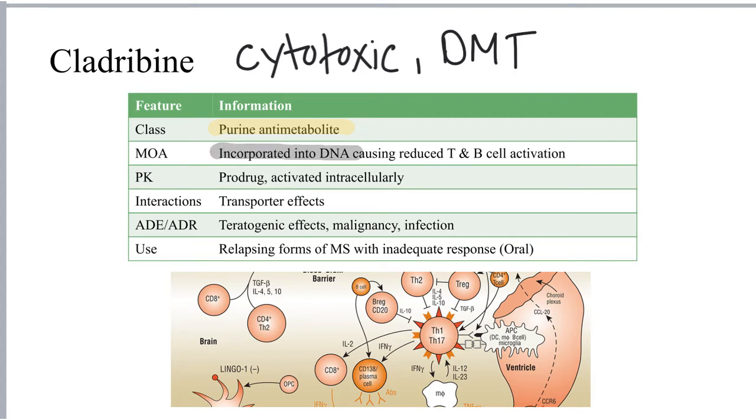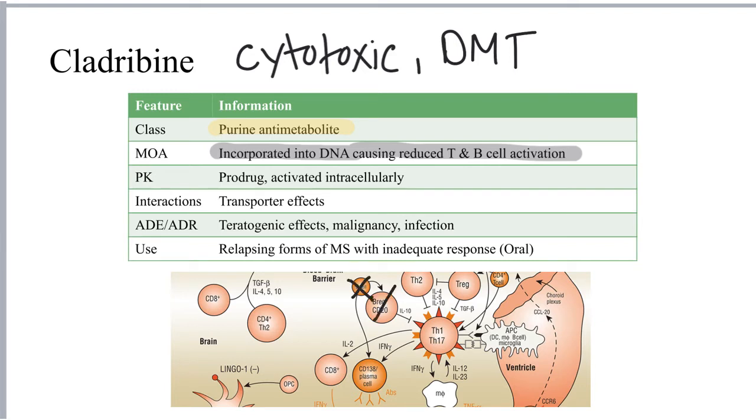This causes DNA double-strand breaks and problems with DNA repair. Again, because T and B cells are both rapidly dividing cell types, they are more susceptible to this damage caused by cladribine. And therefore, you have reduced T and B cell activation in individuals with MS.